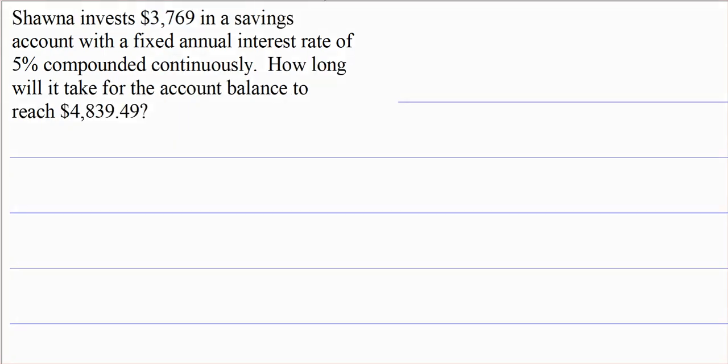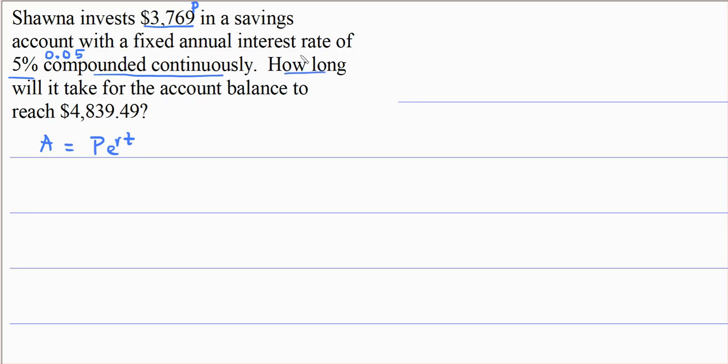Okay, so let's go ahead and read the problem together. Juan invests $3,769, so that will be the principal, in a savings account with a fixed annual interest rate of 5% or 0.05, compounded continuously. So what is the formula? A equals P e^(rt).